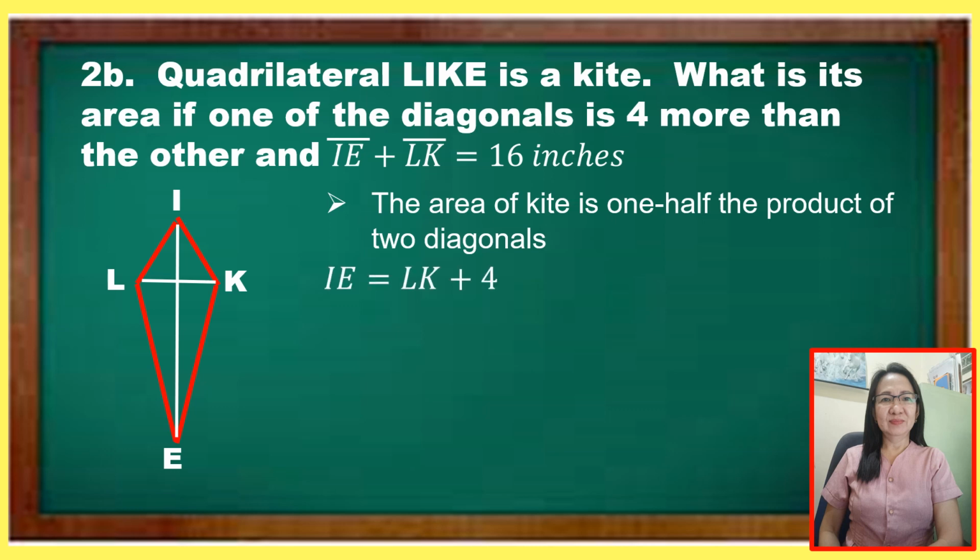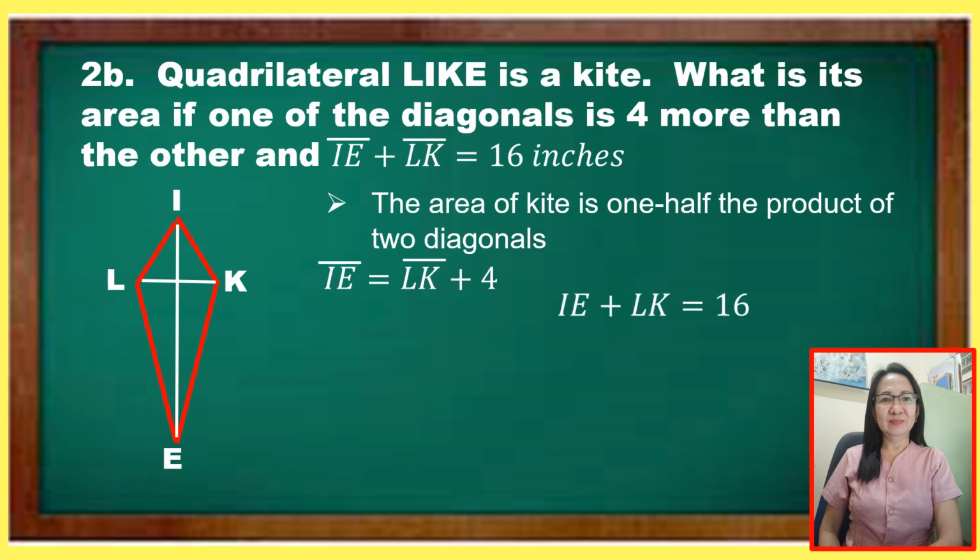Now, IE is equal to LK plus 4 because it's stated in our problem that one diagonal is 4 more than the other. So the shorter diagonal LK is added by 4 to get the length of the longer diagonal.